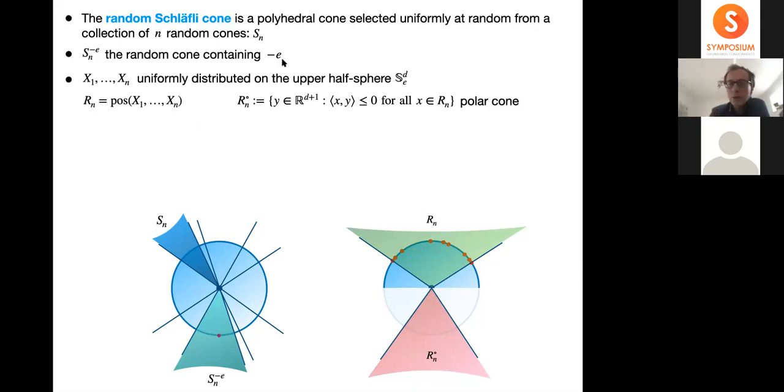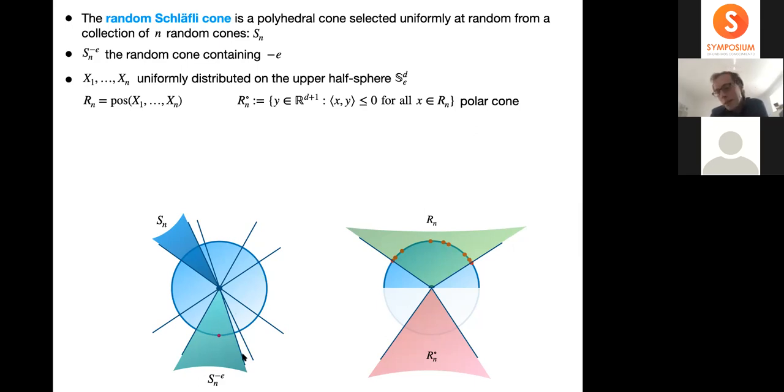Since everything is isotropic, you can choose whatever point you want. Let's say you choose the south pole, the red point here. With probability 1, this south pole is contained in one of the cones. This is the cone Sn minus E, the cone which contains the south pole. It's the green cone here.